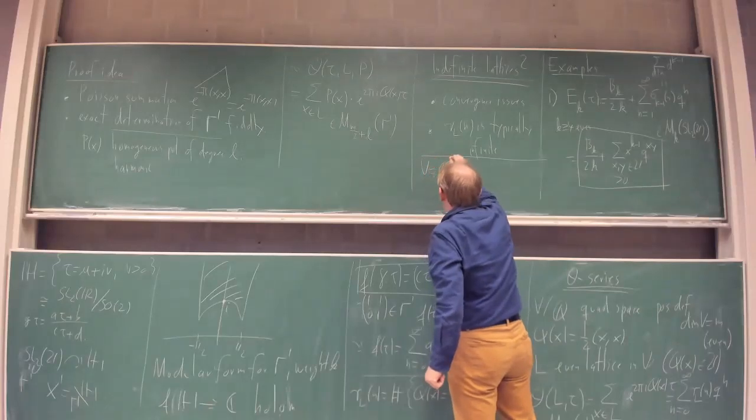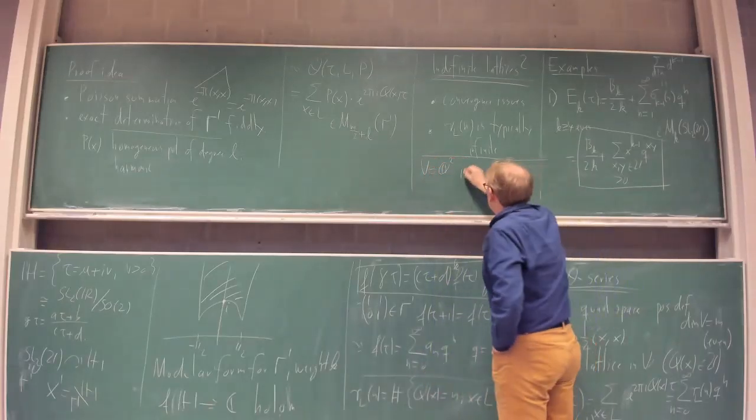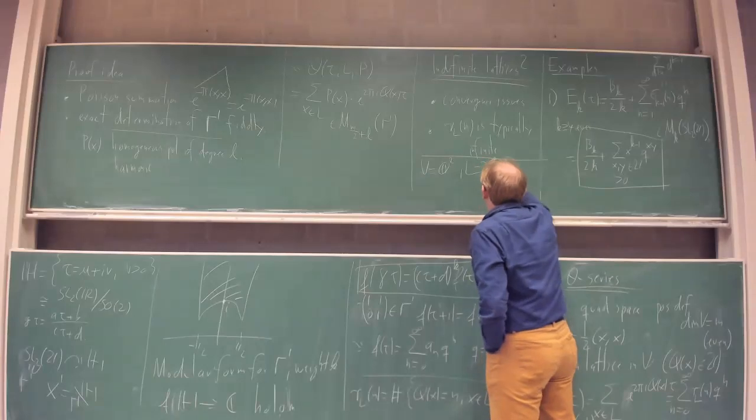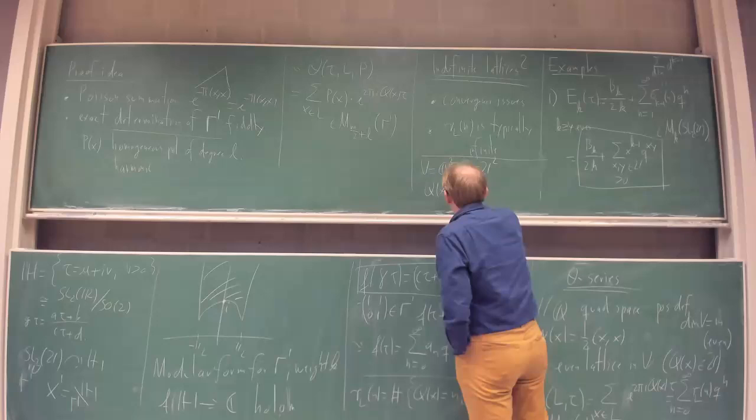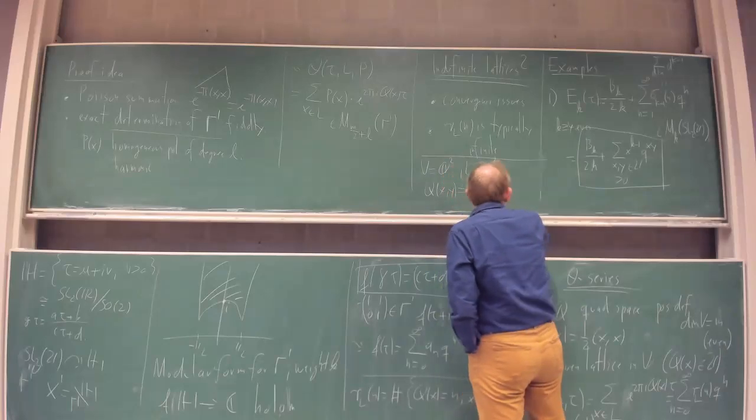Now, V in that case would be two-dimensional. The lattice would be Z squared, and my quadratic form is x times y.